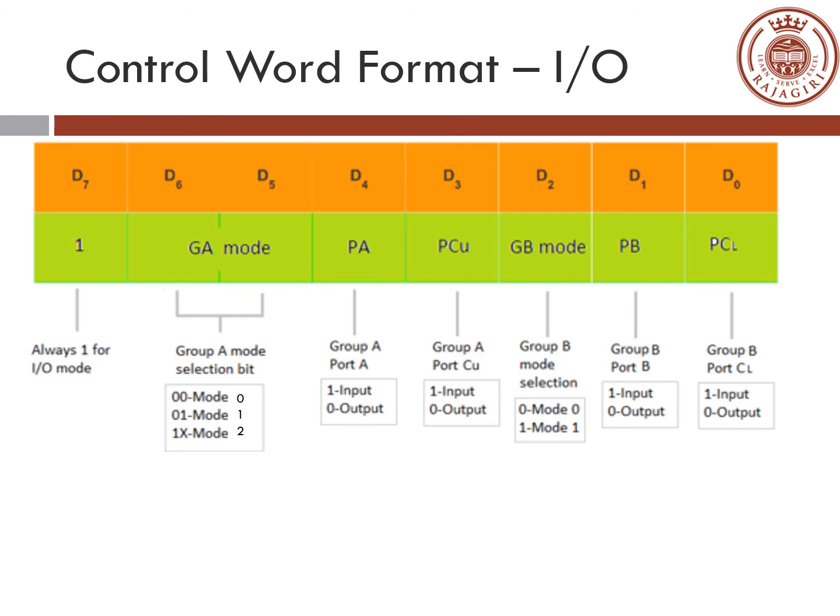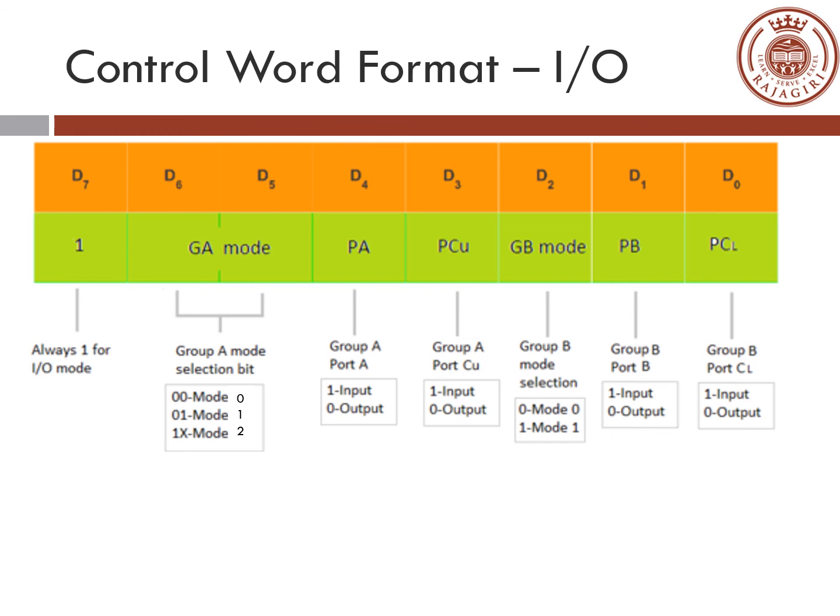This shows the control word format for programming the ports in the IO mode. It's an 8-bit word with bit D7 set to 1 if we want to keep the ports in IO mode. If it is 0, then it is in BSR mode. D5 and D6 are used for the mode select for group A signals.